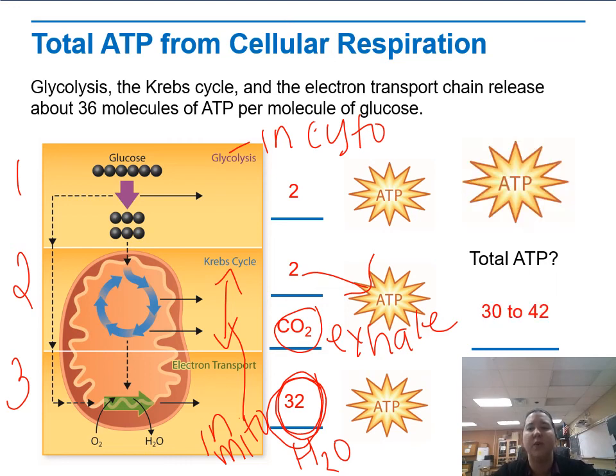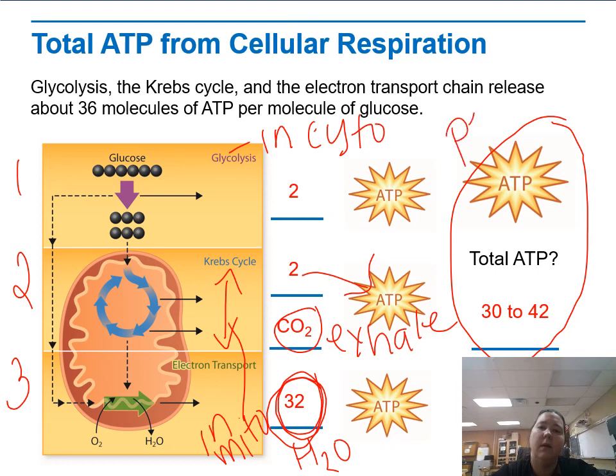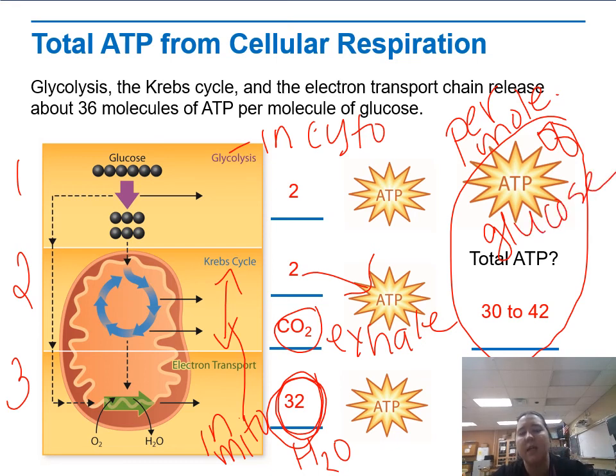Our total ATP count is anywhere in the range from 30 to 42 per molecule of glucose that goes in. So for every one molecule of glucose, we can get 30 to 40 ATPs. Remember, glucose is like a $50 bill.